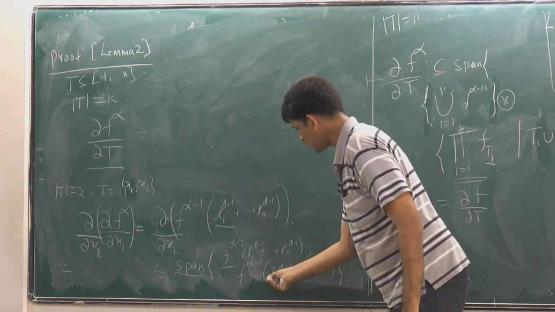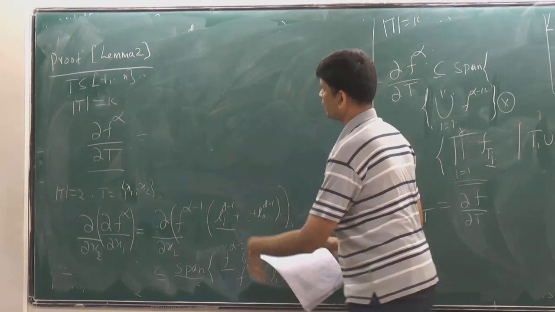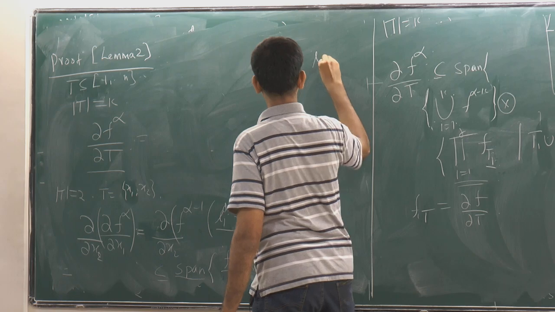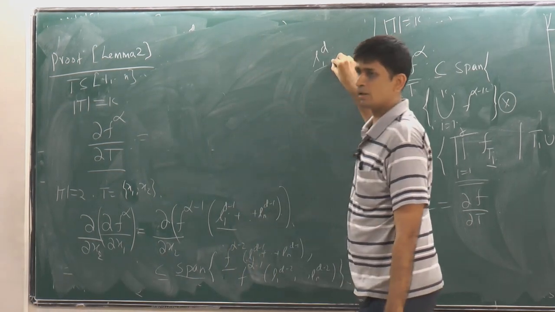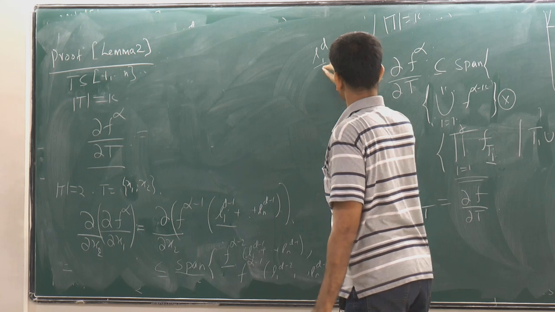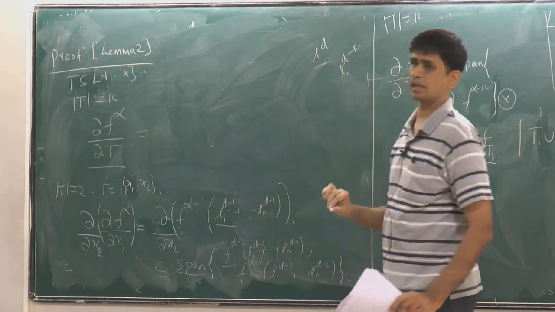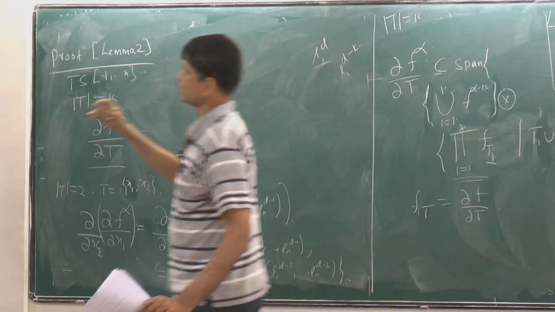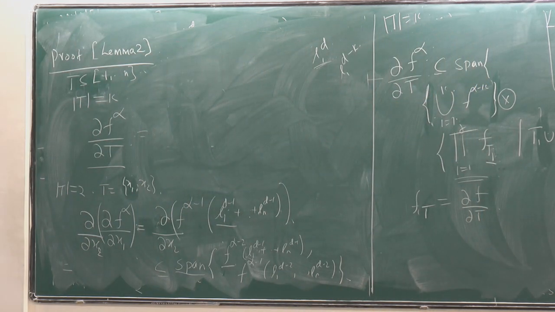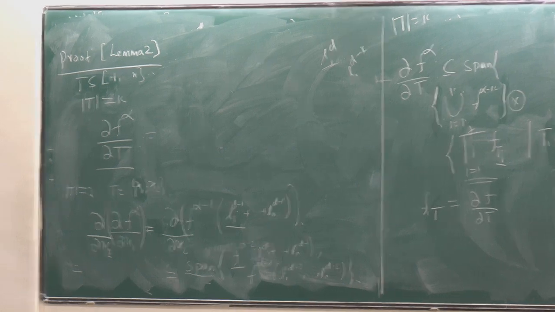If I derive, say, L1 to the d with respect to any variable, it will be in the span of L1 to the d minus k, where the order is k, right?